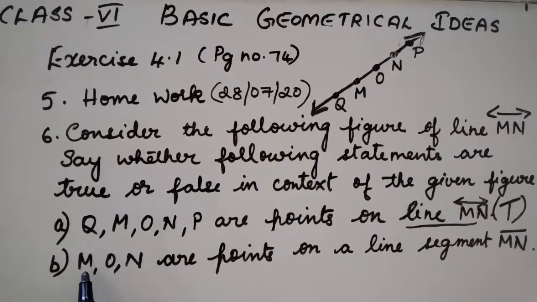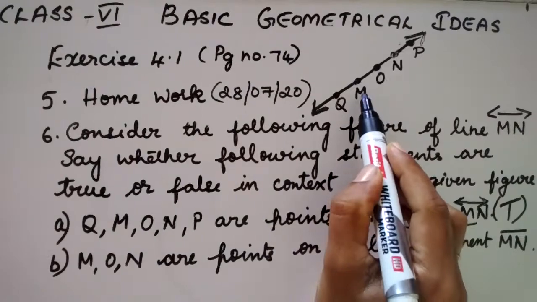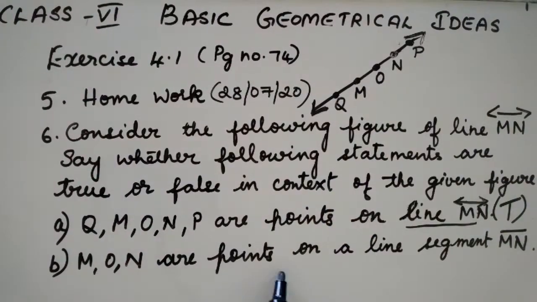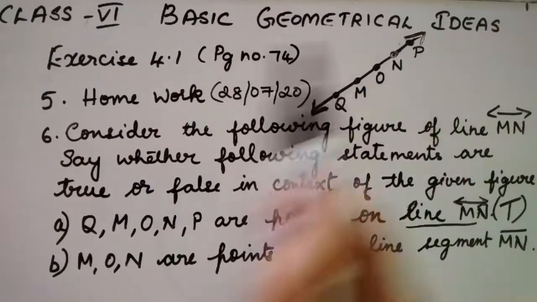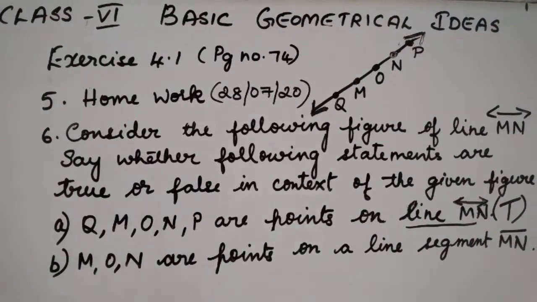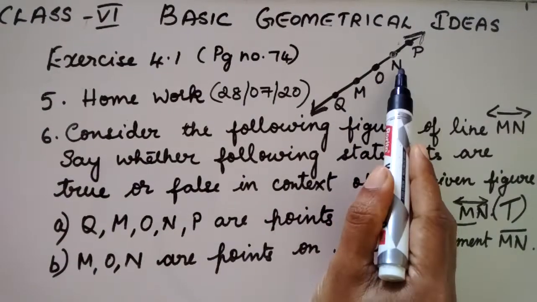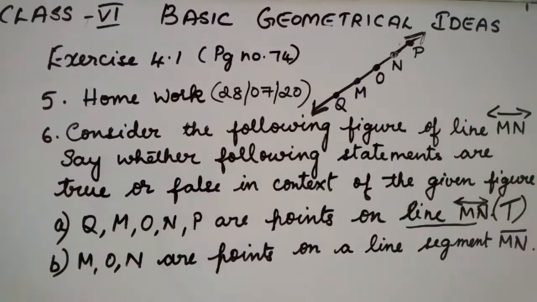The second statement, M, O, N are points on a line segment MN. Here the line segment MN has two fixed points because it is told it is a line segment.